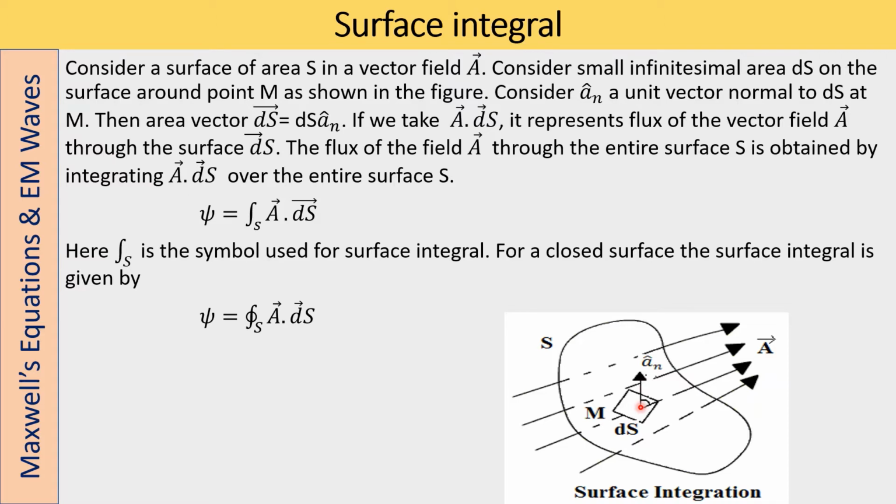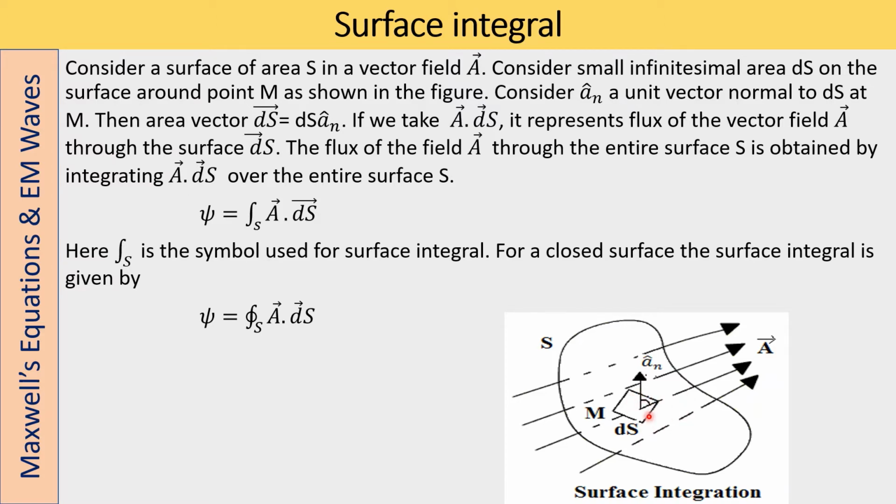If you take A dot ds, it represents the flux of the vector field A through the surface ds.